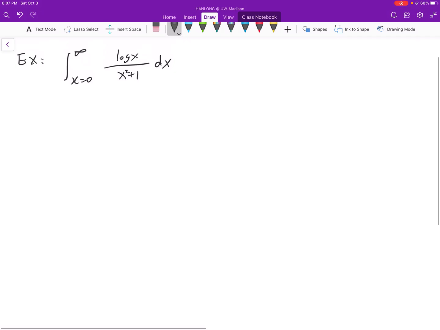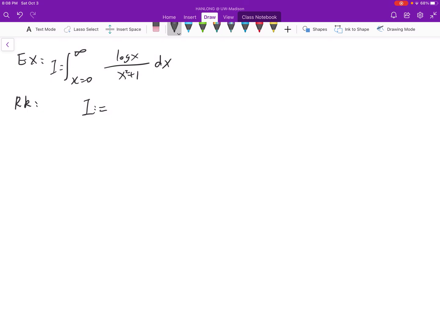Before we actually compute it, let's make a remark. First, 0 is a singularity because the function is not well defined at 0, and infinity is an infinite region. So you should understand I in the following way.